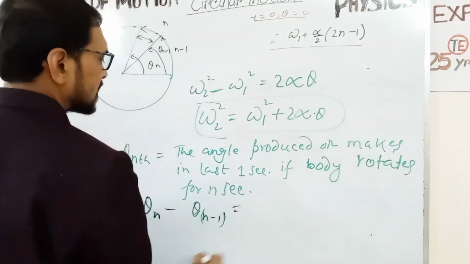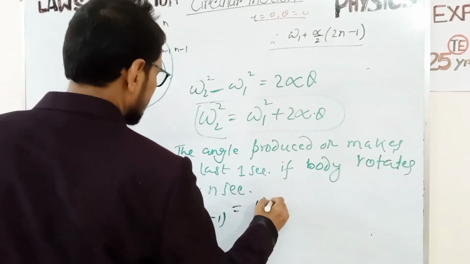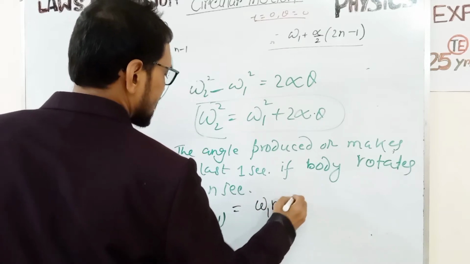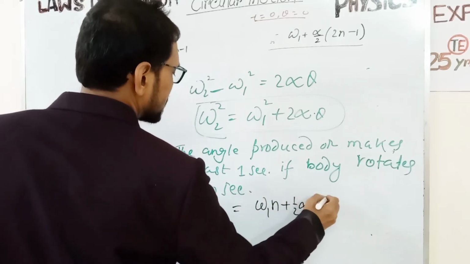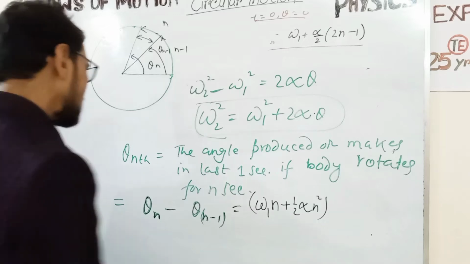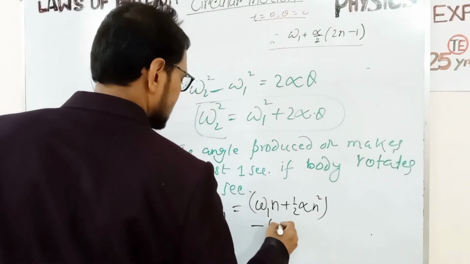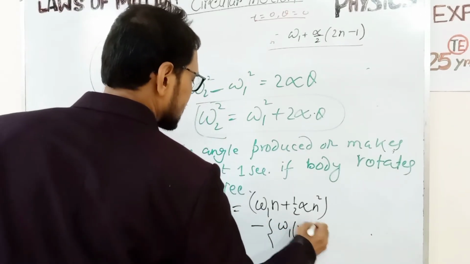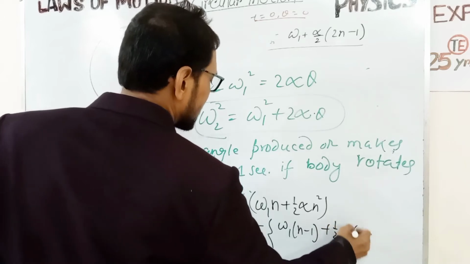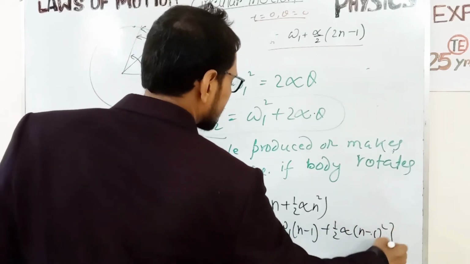So what is theta n? Theta n equal to omega 1 n plus half alpha n square, if the body has an angular acceleration alpha, minus omega 1 (n minus 1) plus half alpha (n minus 1) whole square.